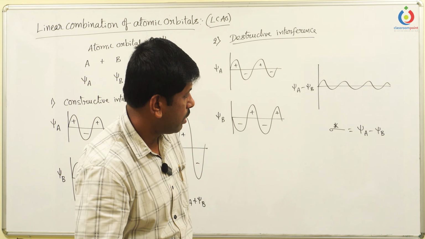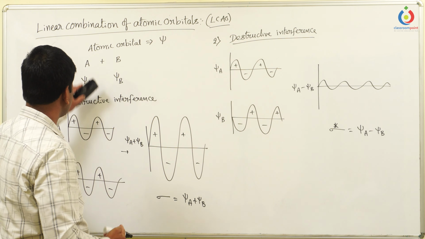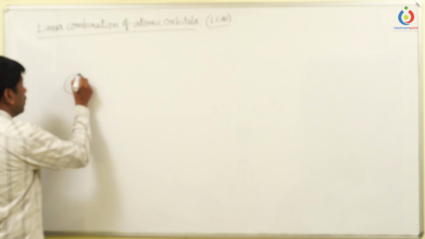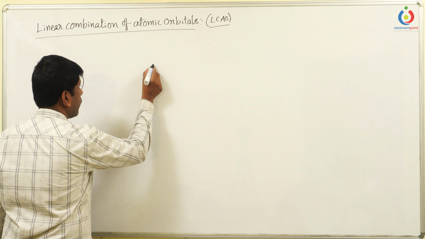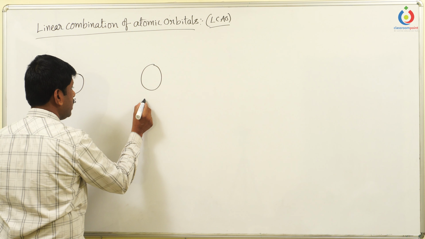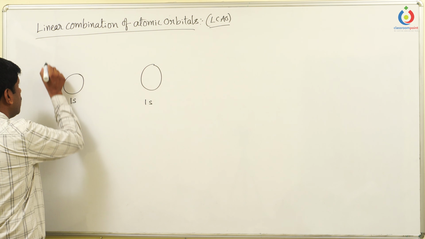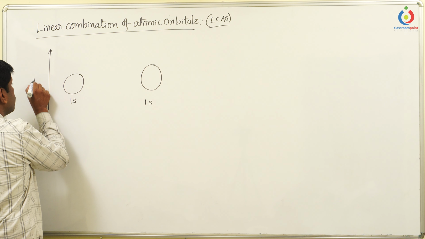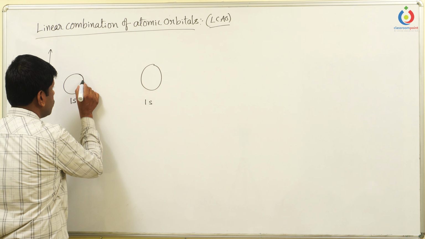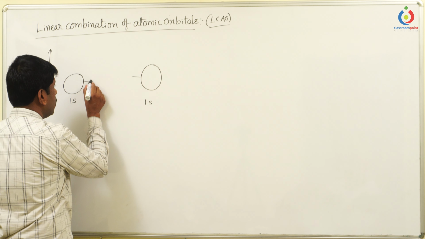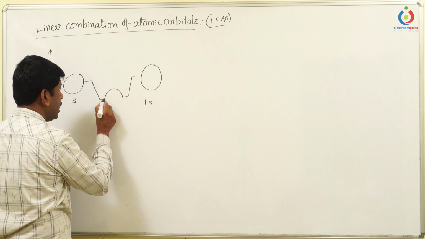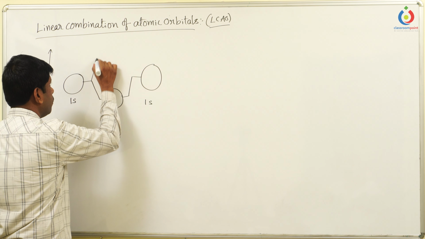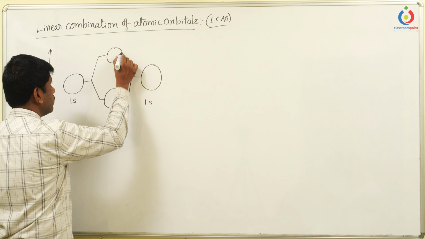So we can see this by taking a small diagram. Let us imagine the 1s orbital of one atom intermixed with the 1s orbital of another atom. This is the energy axis. When they intermix, there are two types of interactions. One is additive interaction, the second is subtractive interaction.